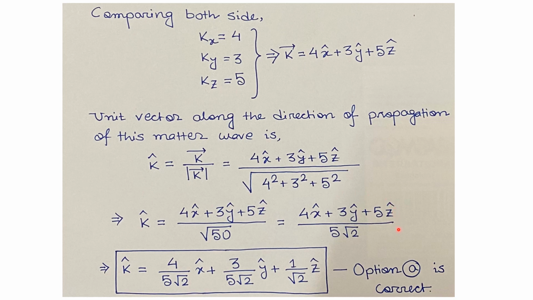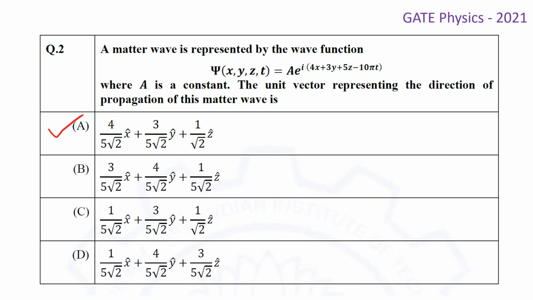After simplification, we will get 4 by 5 root 2 x cap plus 3 by 5 root 2 y cap plus 1 by root 2 z cap. So among the 4 options, option A is the correct answer, which represents the unit vector along the direction of propagation of this matter wave.